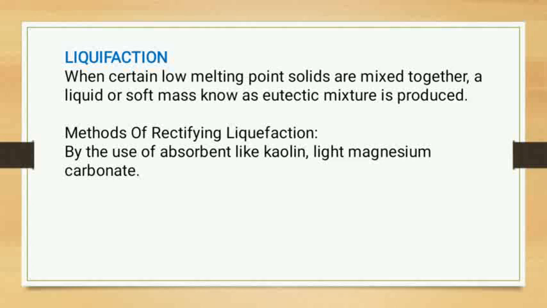However, if such conditions take place, compounding of such powder becomes difficult since the ultimate mixture turns to liquid, right? Then a method to rectify liquefaction is by using absorbents such as kaolin, light magnesium carbonate, etc.